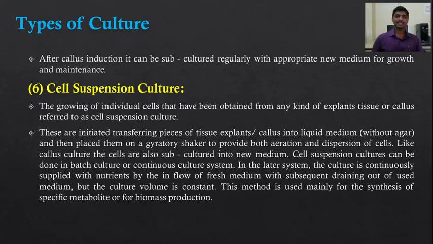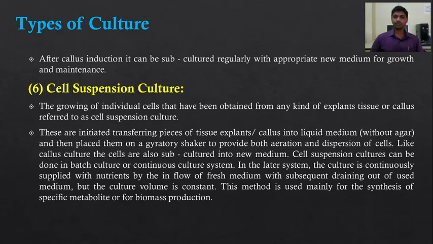Cell suspension cultures can be done in batch culture or continuous culture system. Here the whole batch has been transferred onto the new medium in the batch culture, while in continuous culture the nutrient medium has been added continuously. In the continuous culture system, the culture is continuously supplied with the nutrients by the inflow of fresh medium with subsequent draining out of used medium, but the culture volume is kept constant.